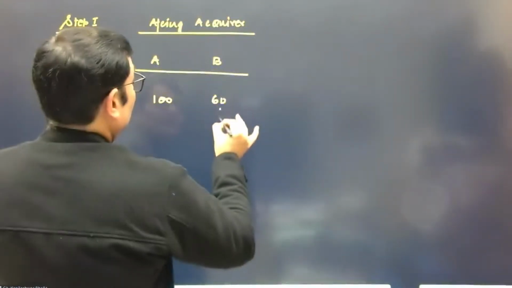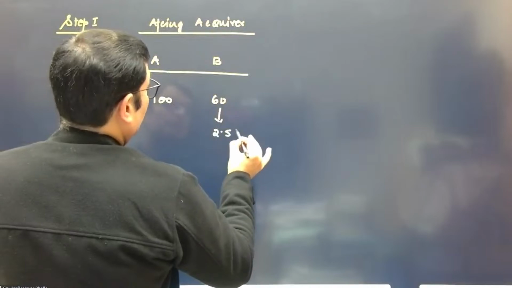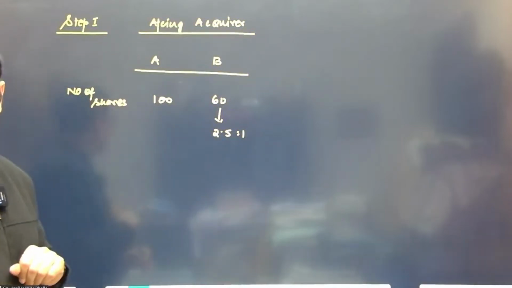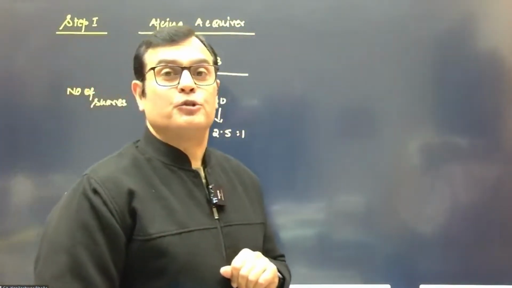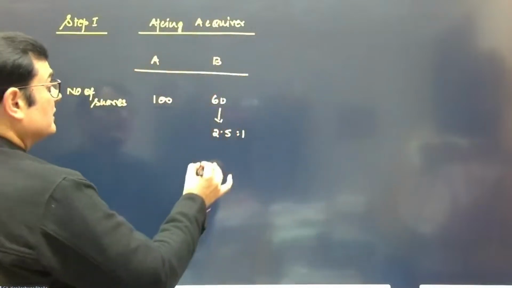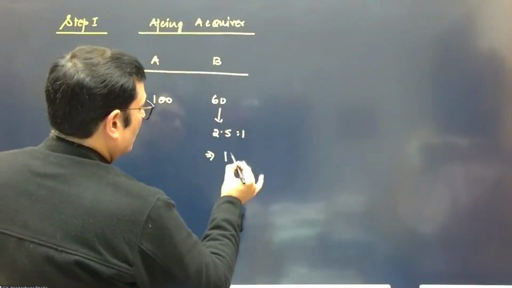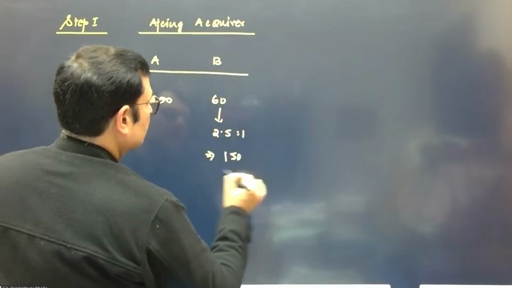Now, we know the exchange ratio is 2.5:1. So 2.5 shares are being issued for every 1 share. It comes to a total of 150 shares.